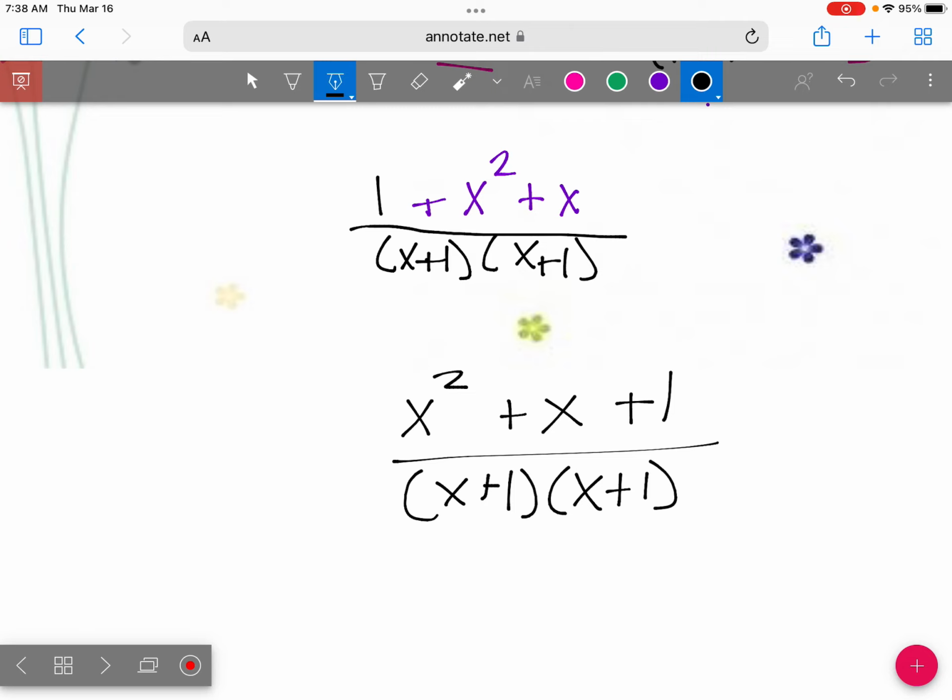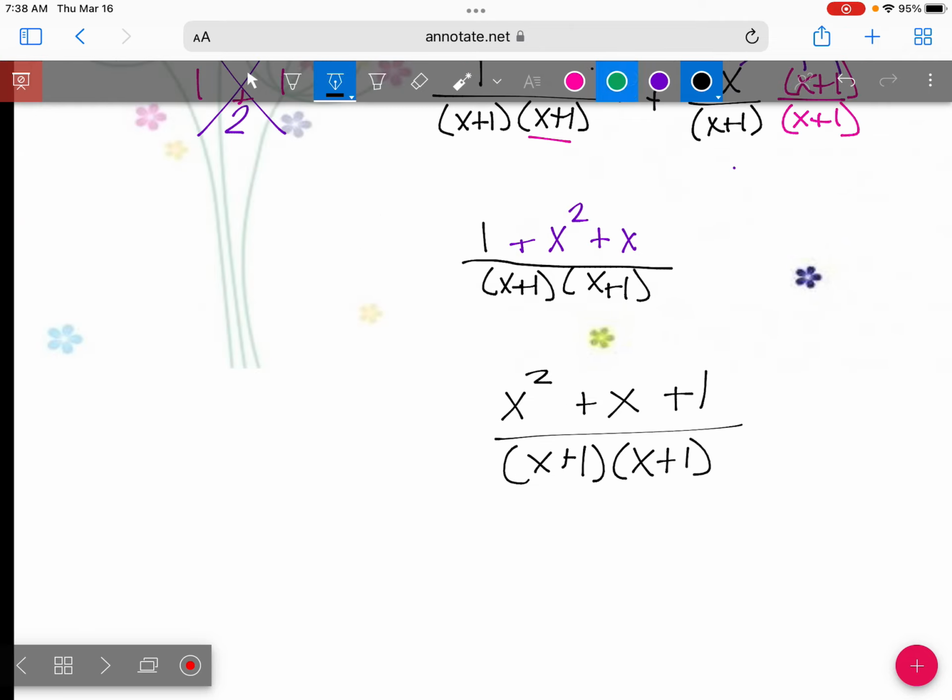And our last step is going to be to see if we can simplify that any further. Can we factor the top? Let's try. We're going to look at this guy. A times C is 1, and my B is 1. Is there a pair of numbers that multiplies to be 1 and adds to be 1? Let me think.